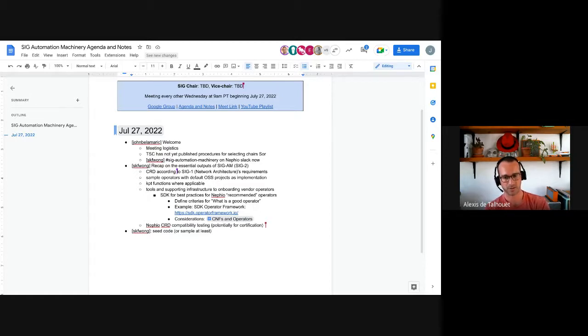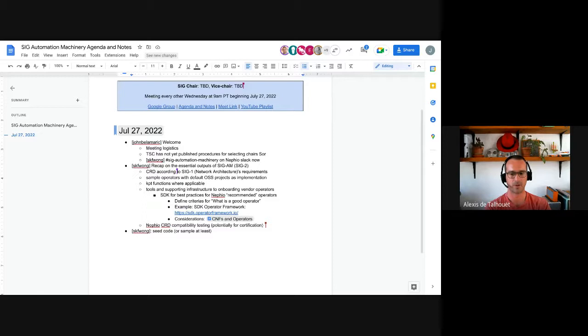So this Nephio CRD that we will aim to build here, how much are we going to try to start from scratch based on the use cases we have? Or are we going to try to leverage some of these standardizations that happened? I mentioned OpenConfig, there might be other existing open source communities building models or things like this.